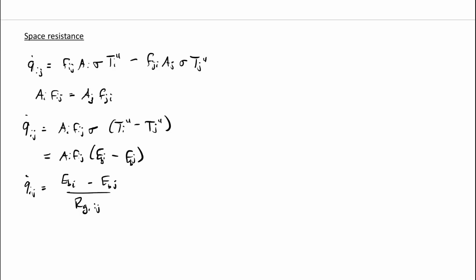But this is what we have, and this geometric resistance is just equal to this view factor times the area. So R_g,ij is going to be equal to 1 over A_i F_ij, which is also equal to 1 over A_j F_ji. So what is this resistance telling us?